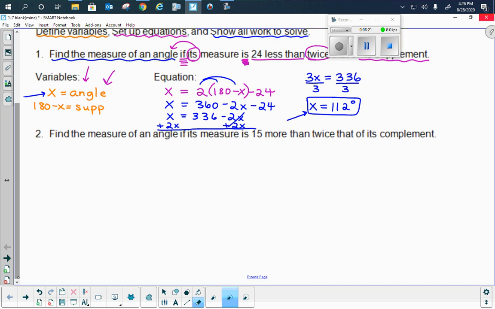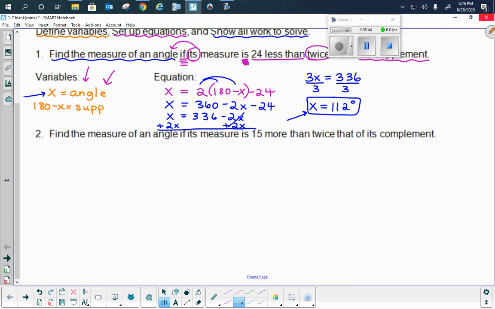Okay. All right. I may not keep with the color coding now, but that first one definitely goes with those 3 things that we're trying to find. All right. Here we go then. Number 2. Again, all I'm reading for right now are the words angle, complement, and supplement. So if I read through 2, I do see the word angle, I see the word complement. Those are the only 2 variables I'm going to define then.